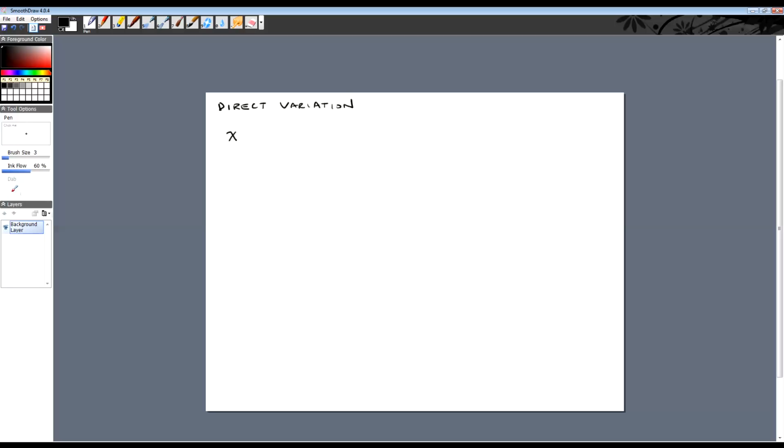Now, they say x varies directly as y, and x equals 27 when y equals 6. So if x varies directly as y, the equation is going to say x equals k times y, not y equals k times x.